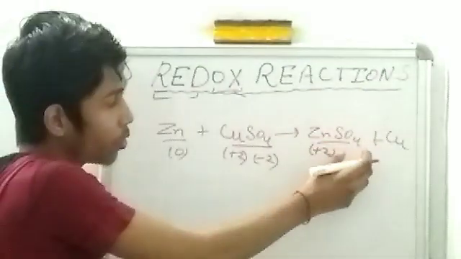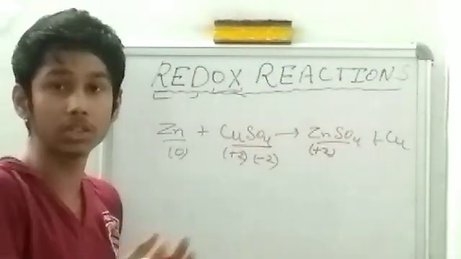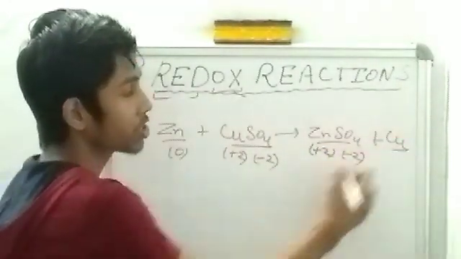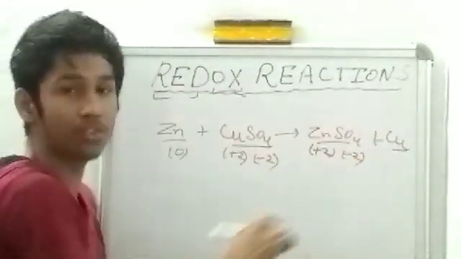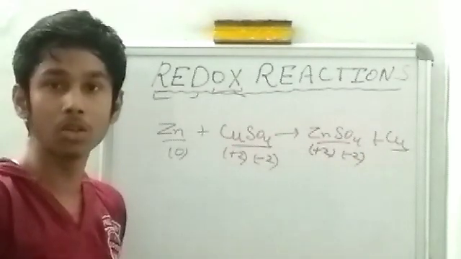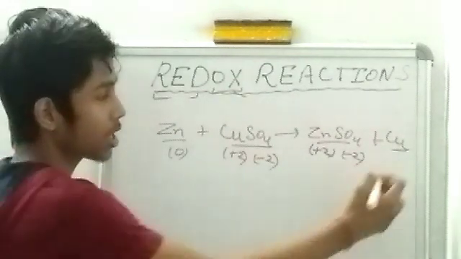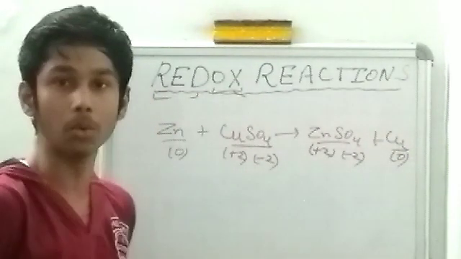That means SO4, that is sulfate here, has oxidation number of minus 2, right? Now what is the oxidation number of Cu here? As it is free, as it is an atom now, it has no need to give or take any electron. That means here the oxidation number is 0, right?